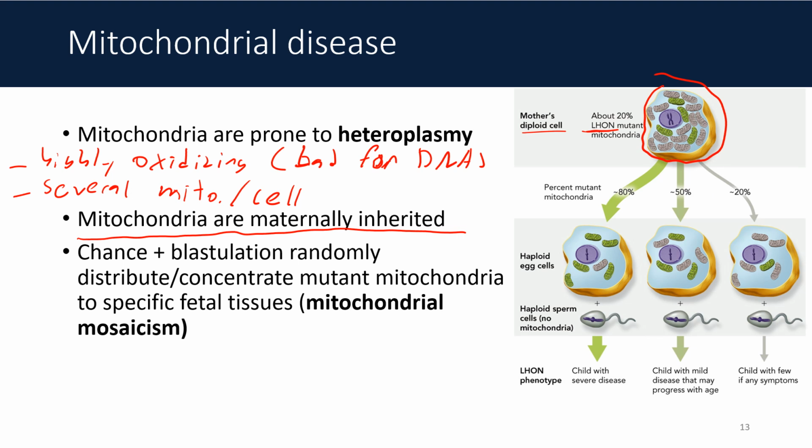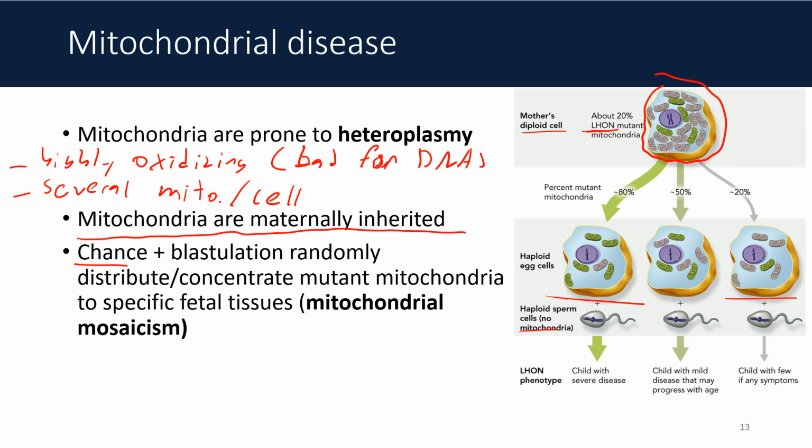And through random chance, some of those bad mitochondria might get concentrated into one of these eggs, and perhaps the healthier mitochondria get randomly sorted into another egg cell. Then we're going to fertilize the egg with a sperm cell, and it's not going to donate any mitochondria into the ovum. And that is going to result in potential embryos with very different mitochondrial compositions.